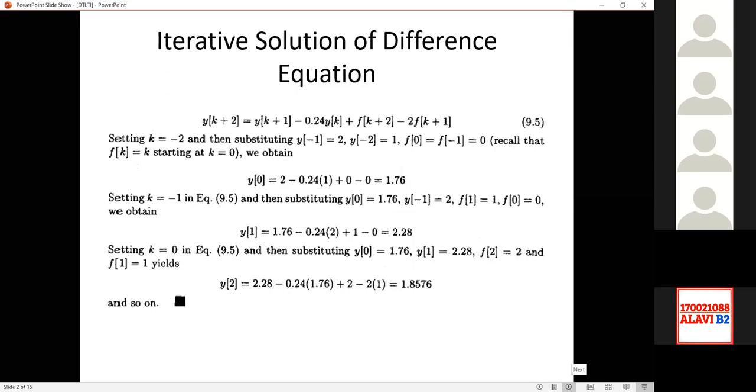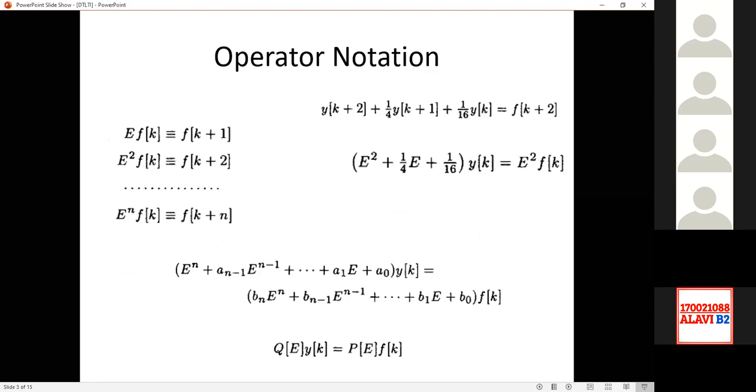But we are going to find the general perspective of how we can solve the difference equation in a closed form so that we can calculate the output for any value of n. In order to do that, like your differential equation representation using operator form, the same technique will be used here.